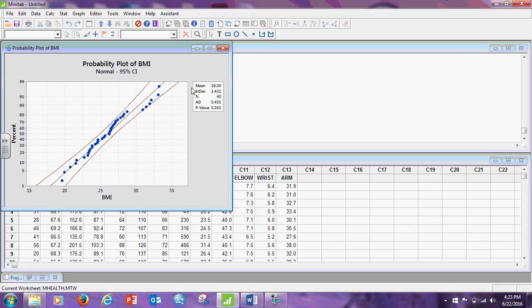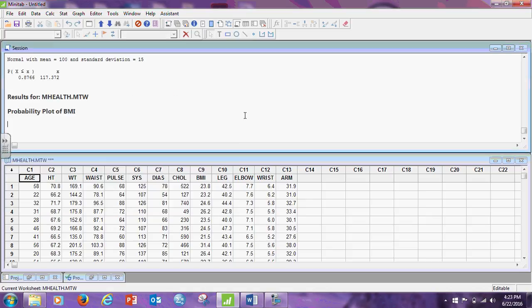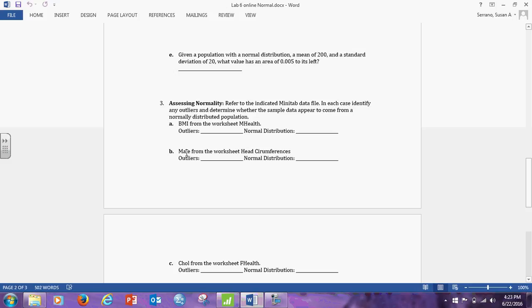Those are those red ellipses that I referred to when we were talking in the lecture for chapter 5. This seems to be normally distributed. Outliers would be things that are outside here. We have no values outside of there. So in this lab, I would say no outliers, and yes, approximately normally distributed.